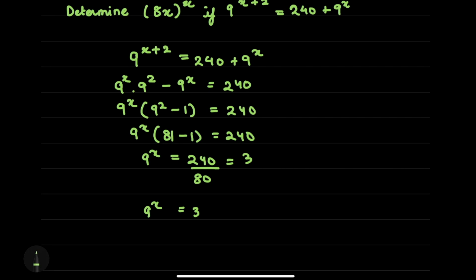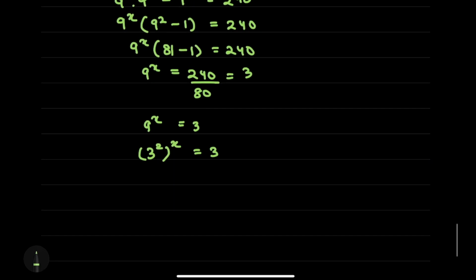We will convert the base here. So 3 to the power 2 is 9. So we convert the bases on both sides as same, and then we equate both sides, which gives us 2x equal to 1. Therefore x is equal to 1 by 2.